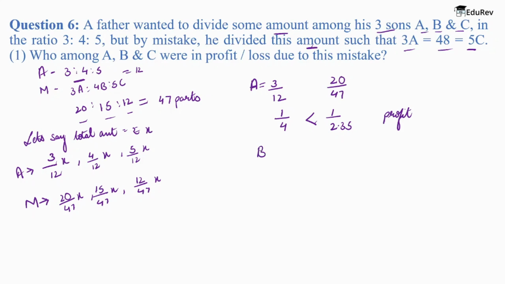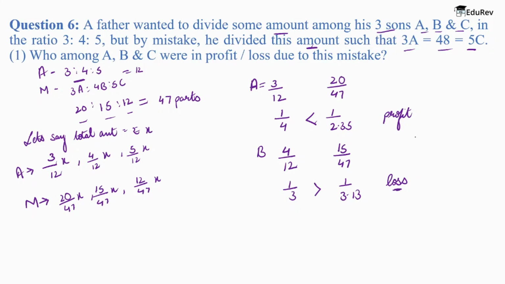If we talk about B, the actual ratio has to be 4/12, but by mistake it was 15/47. If you simplify this, this becomes 1/3, and this becomes 1/3.13. So here the actual one is greater. So B is in loss, because the actual one is greater and by mistake he got less.